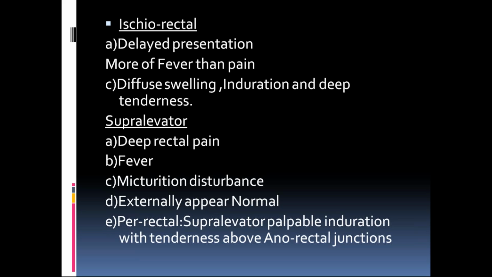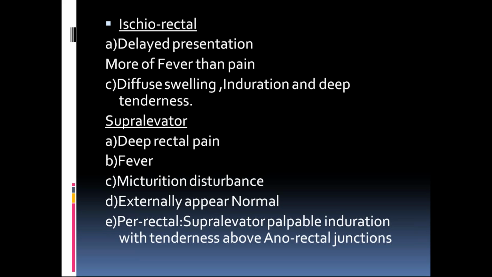Only perianal abscess you can see, and with ischiorectal abscess, to some extent you can see some diffuse swelling or induration. But supralevator abscess you can't see, though you can appreciate it on per rectal examination.